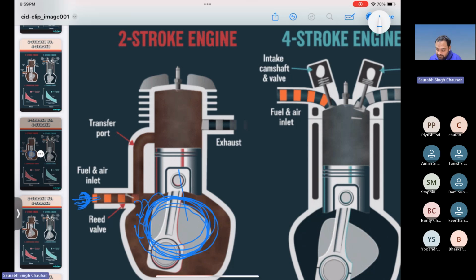When it comes down, it compresses the content of the crankcase. Then this content will come inside the cylinder chamber from the crankcase, again because of the pressure difference.